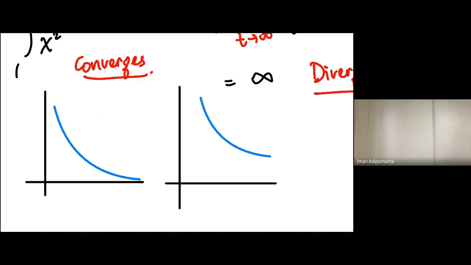Imagine when this is going toward 0, this is still having a quite a number. And if you go to infinity, we can say that 1 over x still diverges. It's not going to a finite number.